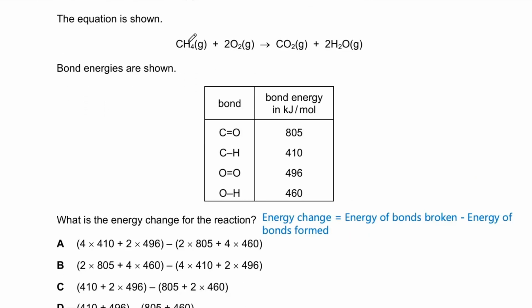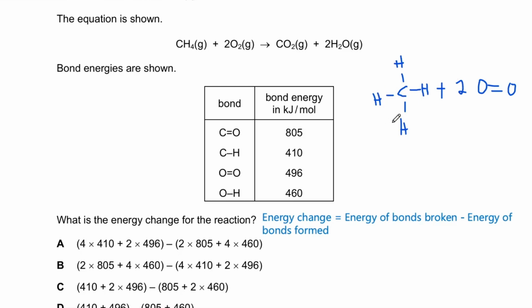We have methane, which is, remember, whenever you are solving energy change, you need to write your equation in displayed formula. If it is not written like that, for example, in this case, it's not written in display, so we have to write it here so that we can know the bond, then we can assign the correct bond energy.